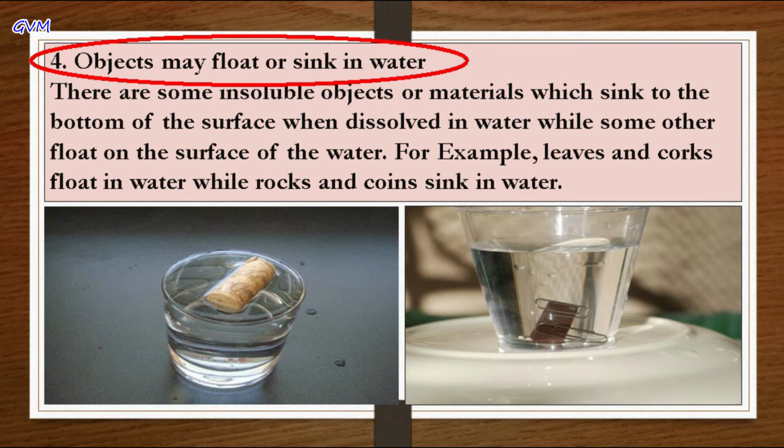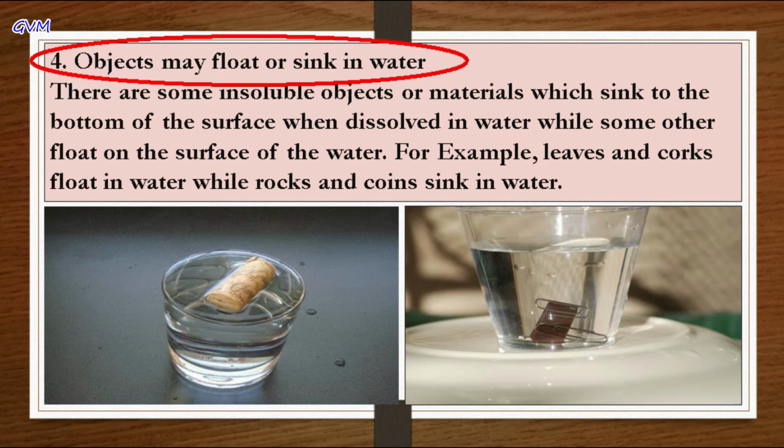But have you ever noticed a cotton ball? It initially floats on water, but after a few minutes the cotton ball sinks because it absorbs water. So this is another property according to which we can categorize materials into floatable or sinkable materials.